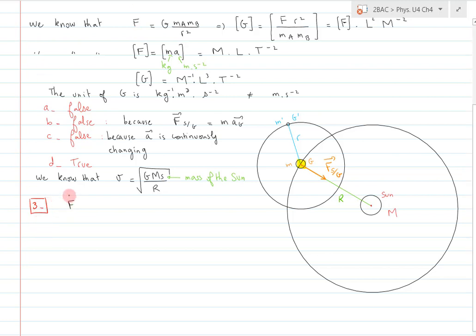So F, the force that the Sun exerts on Earth, is equal to G times M times the mass of the Earth divided by R squared, the distance between them, along the vector n. So I've expressed the force in the Frenet basis. It's along the normal vector.